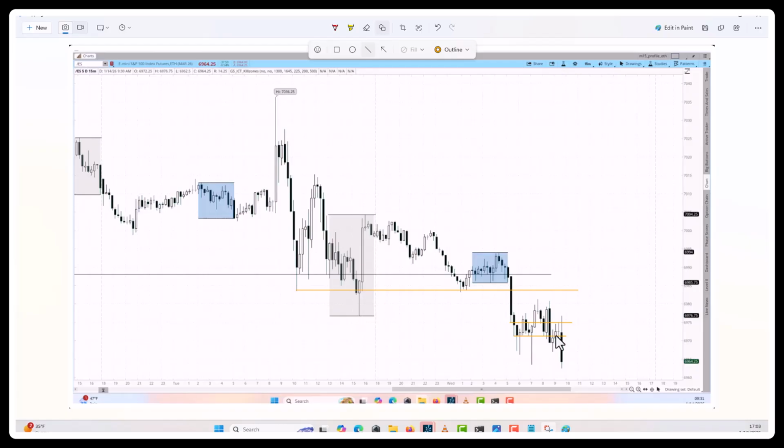So you look at this level, you see that breakout type 1 right here, and you see that a lot of sell side liquidity right there. There are lots of sell side liquidity at the level.